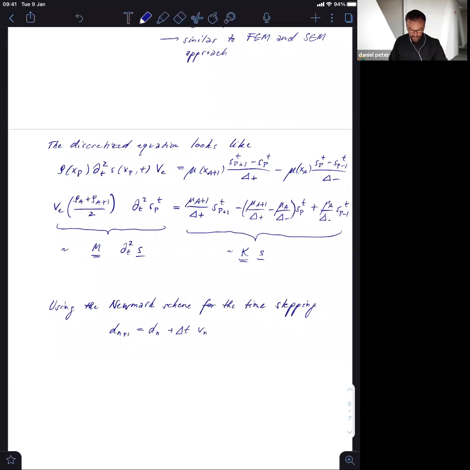So we have velocity plus a term with acceleration. The velocity predicted at time n+1. And then the acceleration is put to 0.